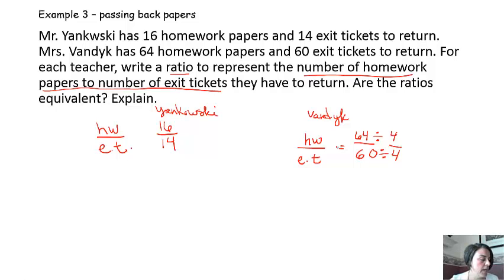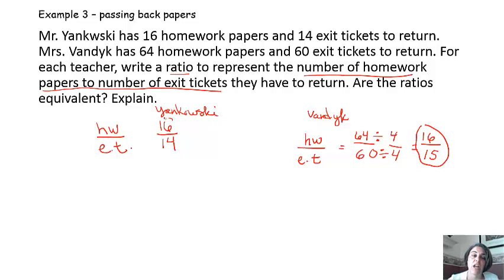So if we, on our calculators, do 64 divided by 4, we come up with 16. Ooh, they both, per class, handed back about 16 homework papers. Let's hope our denominator comes up to be 14. If it does, then they're totally equivalent. So let's do 60 divided by 4. Oh no, that's 15. So that's a problem.